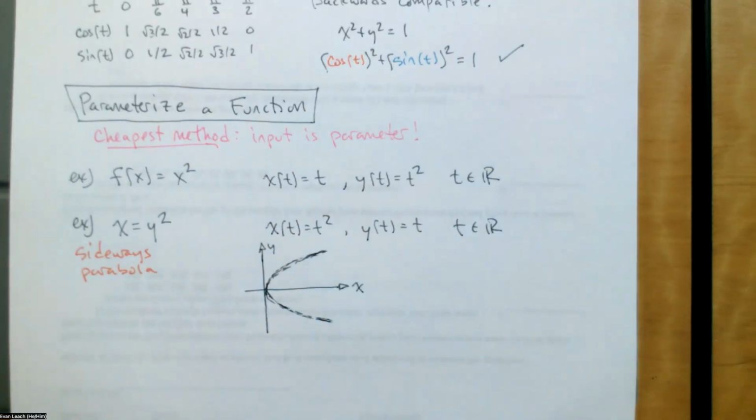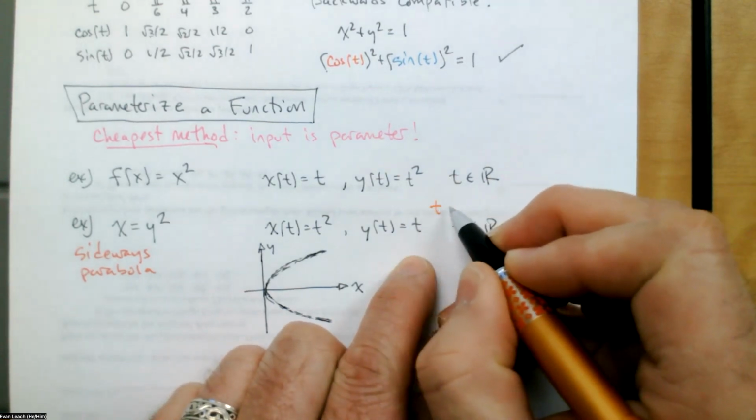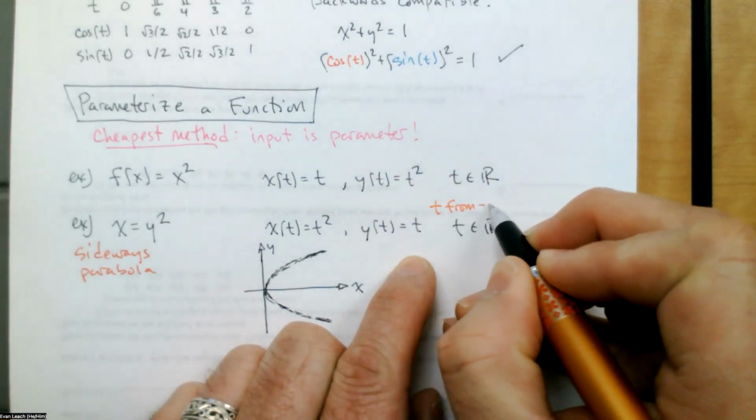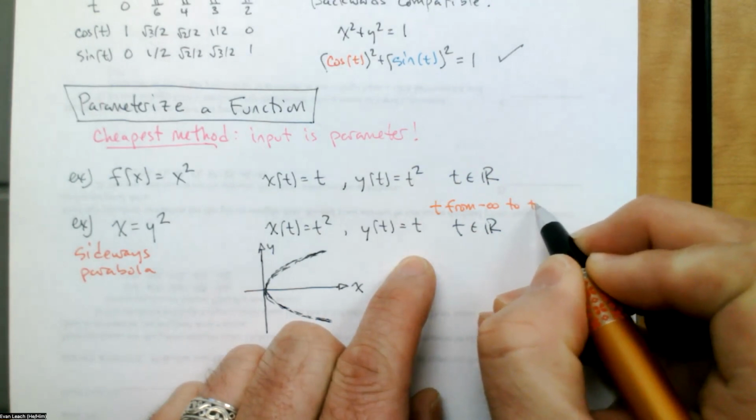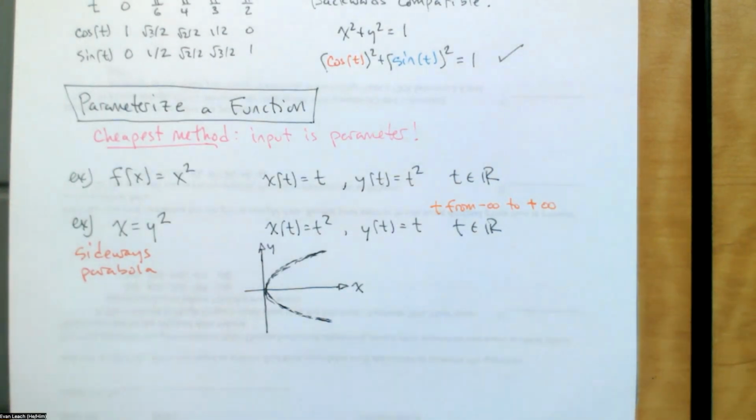So this parabola has a direction. t goes from negative infinity to positive infinity. When t is negative infinity, that's when y is negative infinity. So I've got this down to up orientation on our parabola.